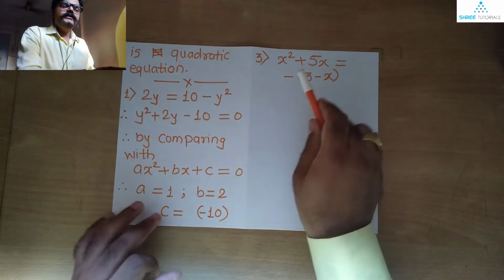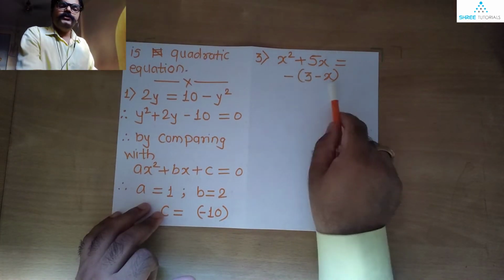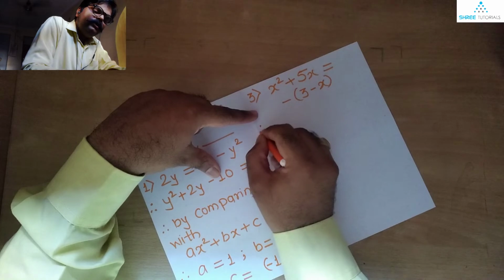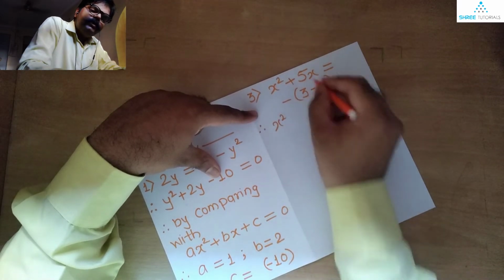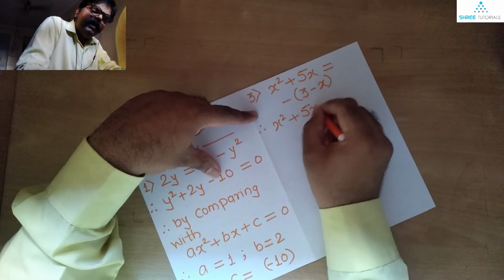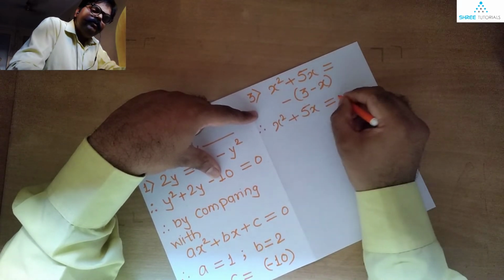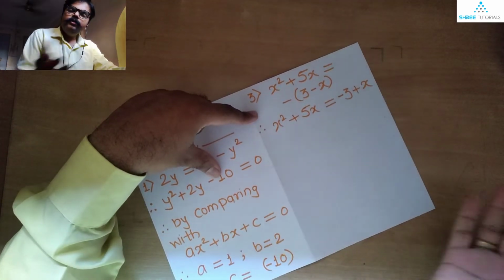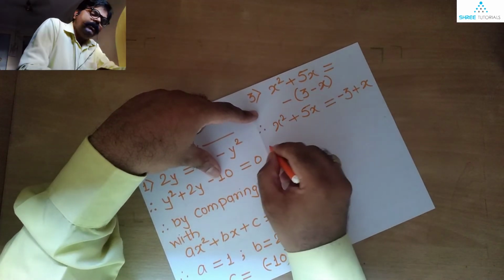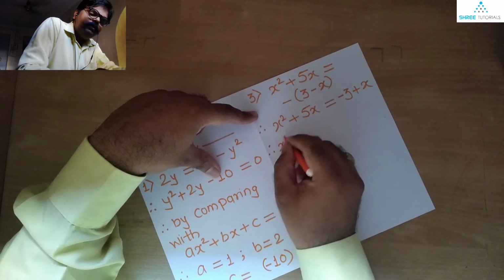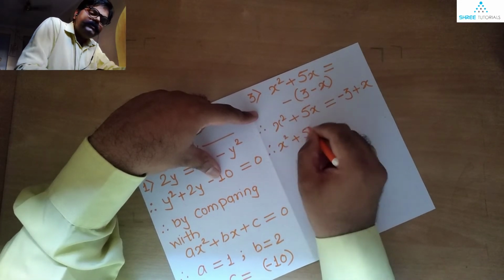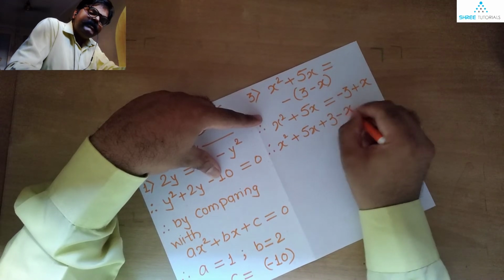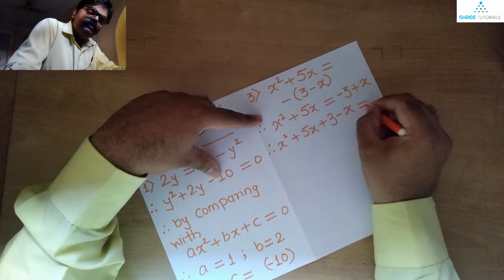For that matter, this minus sign we are going to introduce within the bracket, and therefore the RHS of this equation will look like this: x square plus 5x is equal to minus 3 plus x. Now I am going to move everything on the left hand side. Therefore it will look like x square plus 5x plus 3 minus x is equal to 0.